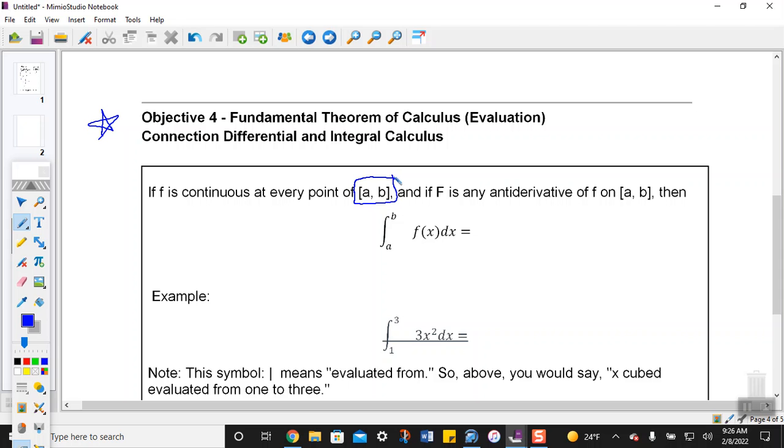B. Okay, and if capital F is any antiderivative of little f on that interval from a to b, then the integral from lower limit a to upper limit b of your f of x function is equal to capital F of b minus capital F of a.